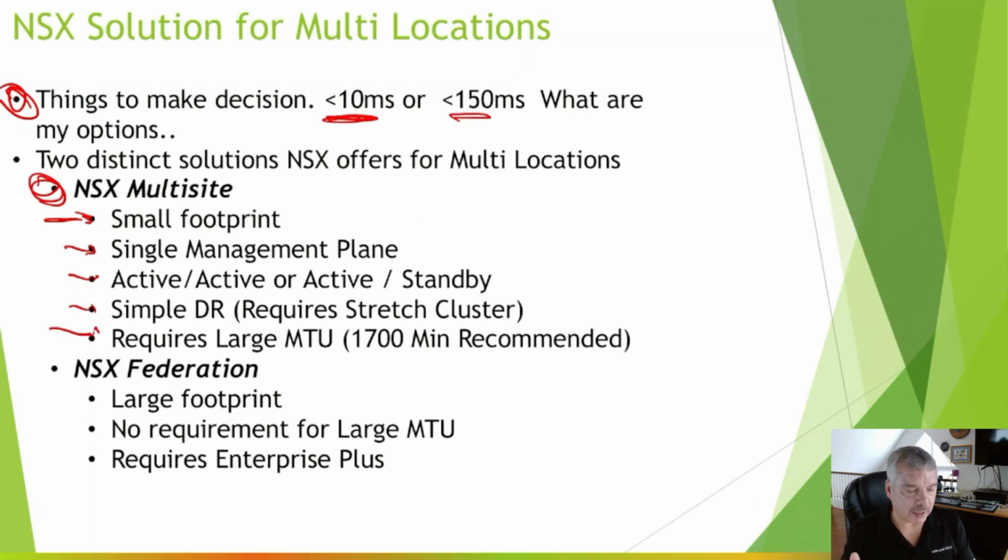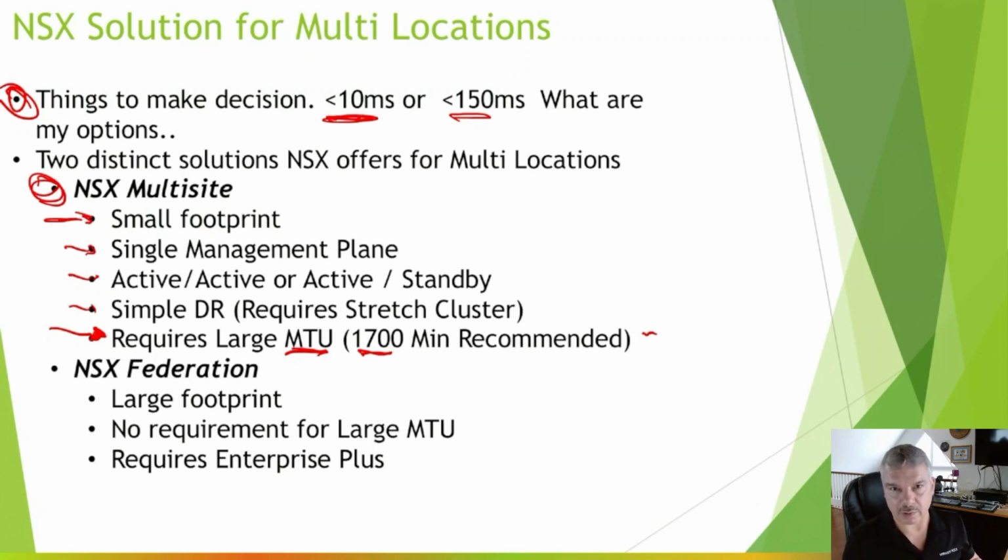With NSX Multi-site, you do require a large maximum transmission unit size between the sites. The minimum that VMware wants is 1,700 bytes. If you've got 9,000, rock and roll. The reason for this is that we have to have Geneve between the sites. Before anybody starts thinking, what about encryption?